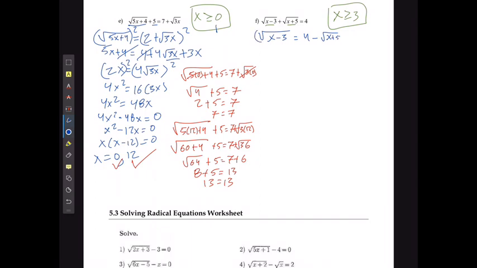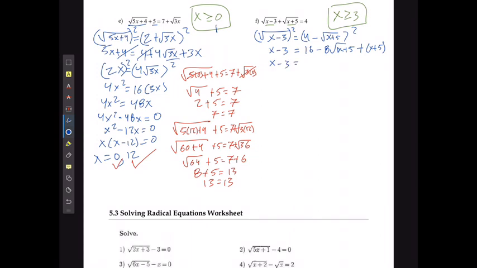I'm going to square both sides, and I'm going to say that x minus 3 is equal to 4 squared is 16, 4 times negative root x plus 5 times 2 is going to give me negative 8 root x plus 5. And negative root x plus 5 times negative root x plus 5 is positive, and then just x plus 5.